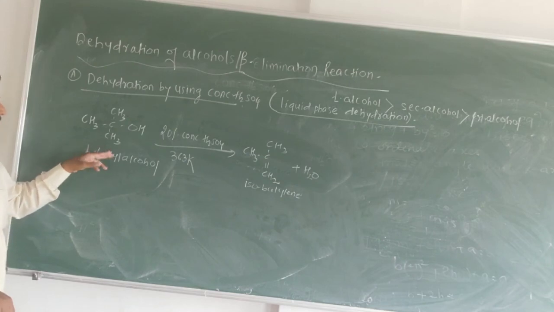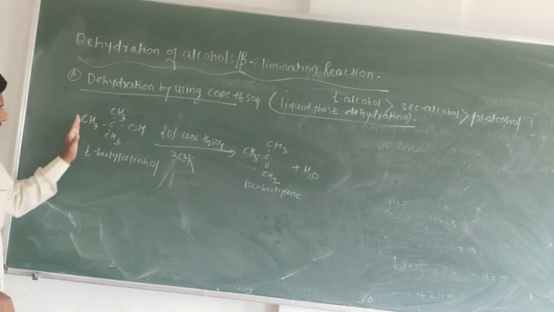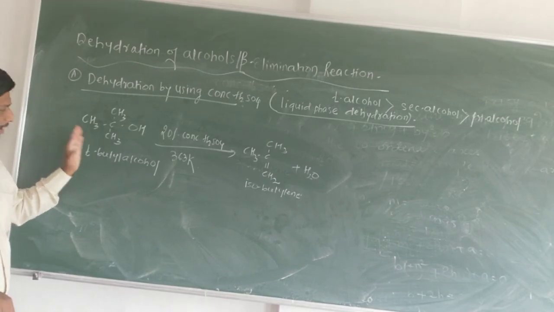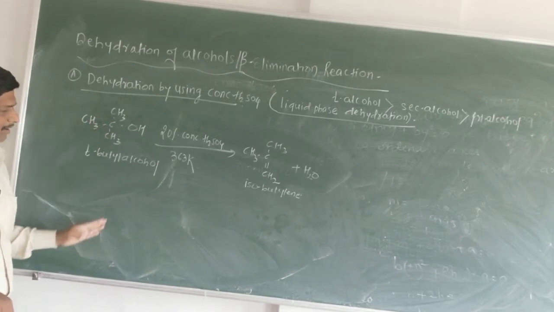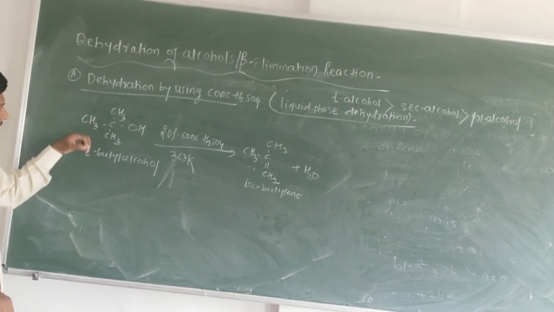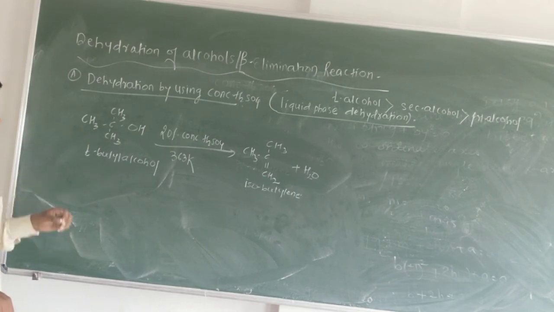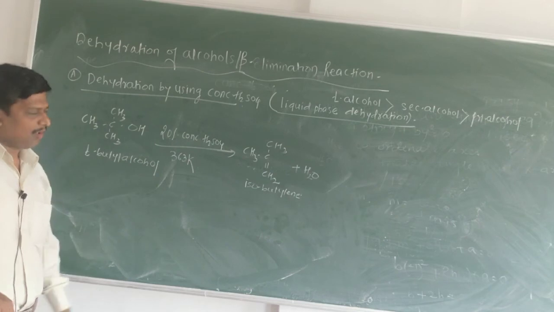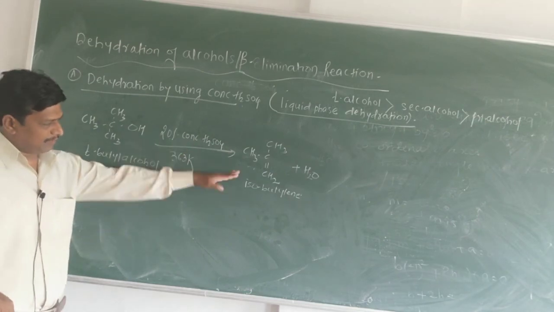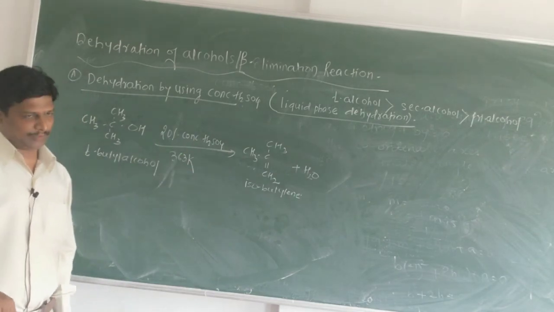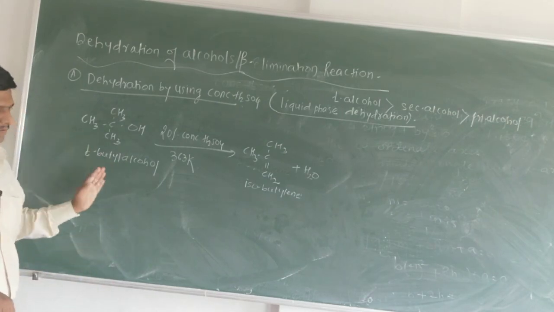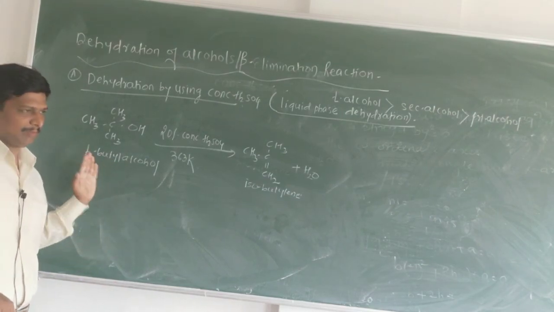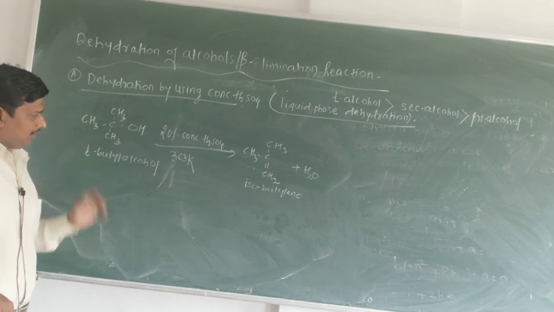Means from any of these methyl carbons, if a hydrogen atom gets removed, there will be a CH2 group, and ultimately the same isobutylene is obtained. Therefore in this reaction there should be no major and minor product. Here is only one product, isobutylene.